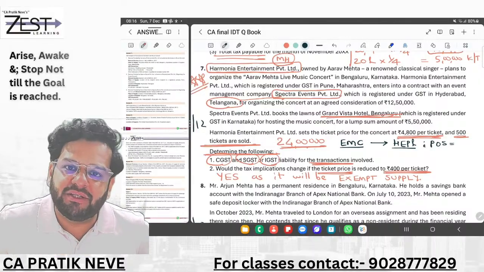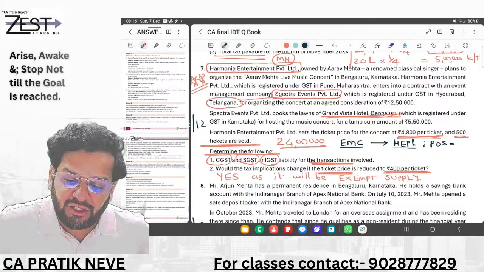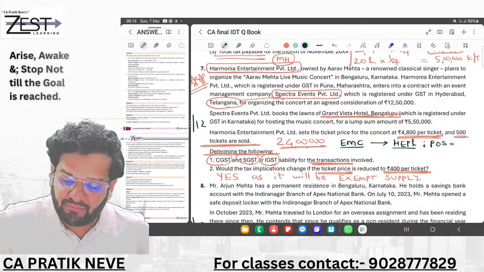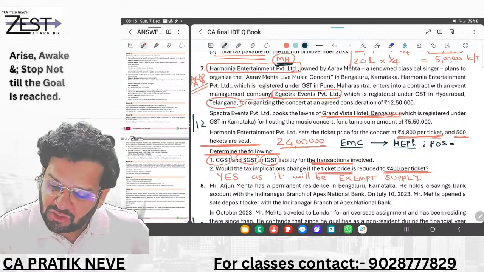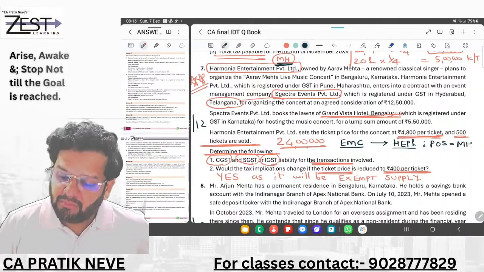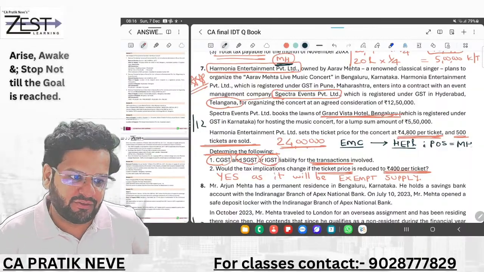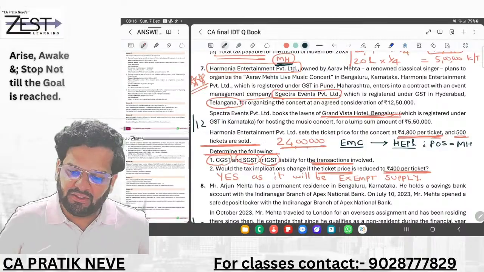So this is B2B because Harmonia Entertainment Private Limited, who is the recipient of supply, is registered in Maharashtra. So friends, for this, place of supply is Maharashtra. Clear?